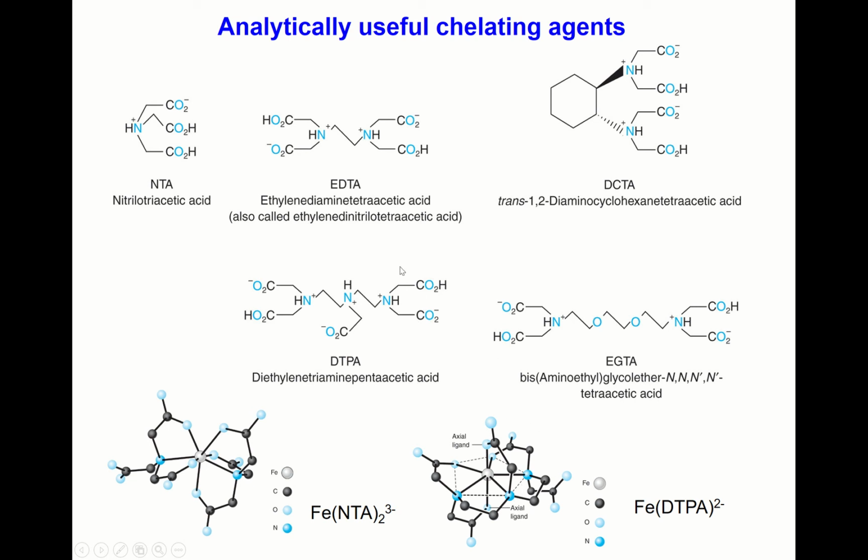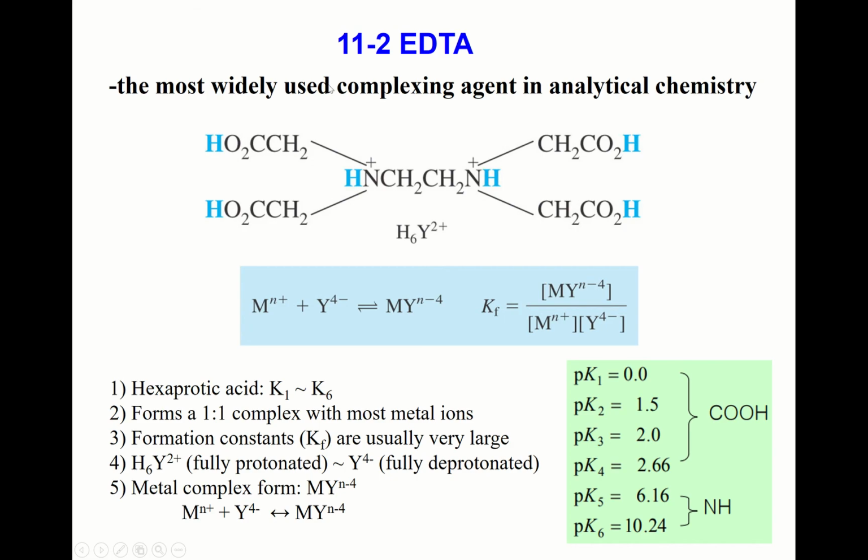But now let's concentrate on EDTA. This compound is cheap. It is not very expensive, actually it's very cheap, so it's readily available. From now on, we'll consider EDTA only. EDTA is the most widely used complexing agent in analytical chemistry.